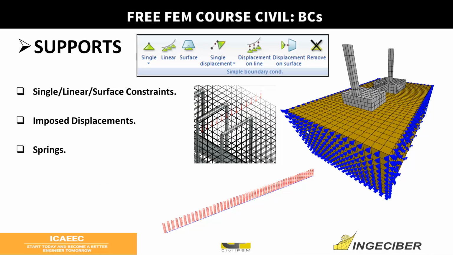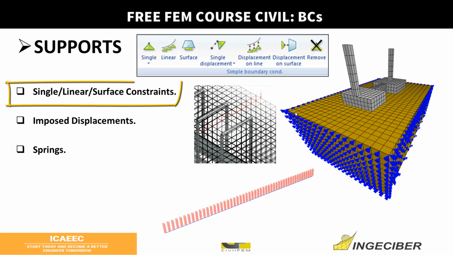And very important, the definition of the boundary conditions, the different supports. You will see that depending on the type of support you apply to your model, you will have different results. Be very clear about which type of supports you will have and which degrees of freedom you want to constrain.